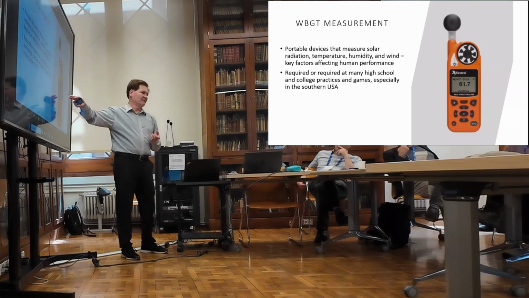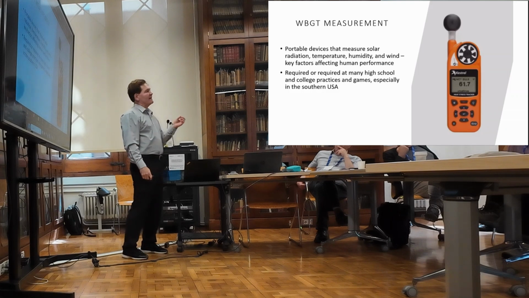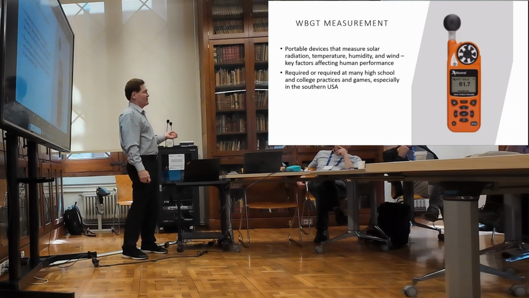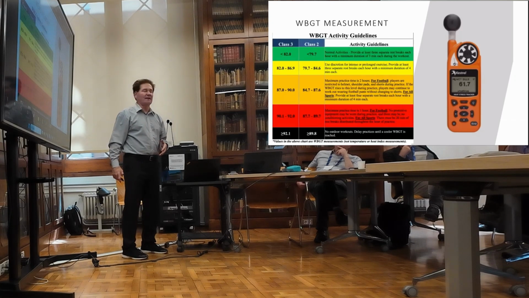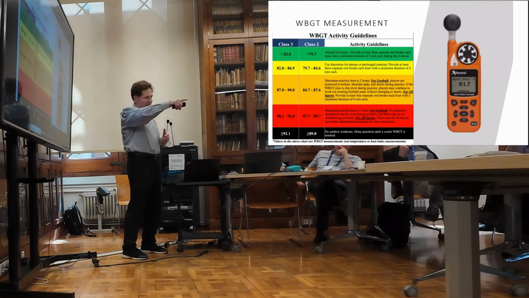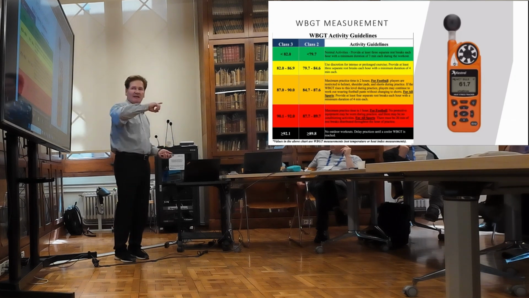So again, what you'll see there is this little thing. In any case, they actually have standards that they send out to the schools and to the colleges and to whoever's using them that tell, based on that wet bulb globe index that they get on these little machines, how long they can practice.